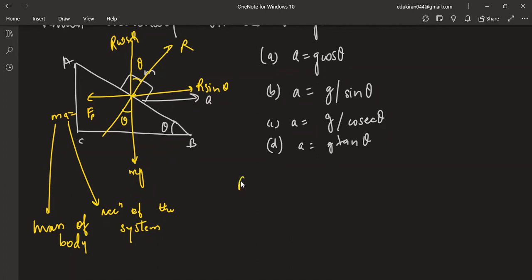See, R sine theta will be equal to ma and R cos theta will be equal to mg. And one more thing what you can do, directly you can take the ratios. Right, you can directly take the ratios.